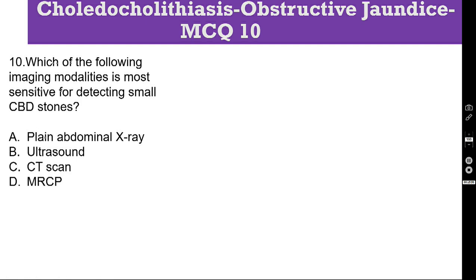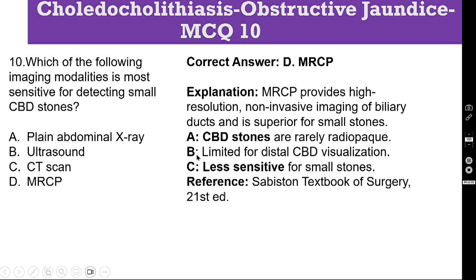Coming to the last question, MCQ 10. Which of the following imaging modalities is most sensitive for detecting small CBD stones? A. Plain abdominal X-ray. B. Ultrasound. C. CT scan. D. MRCP. Of course, the correct answer is D, MRCP. MRCP provides high-resolution, non-invasive imaging of biliary ducts and is superior for small stones.